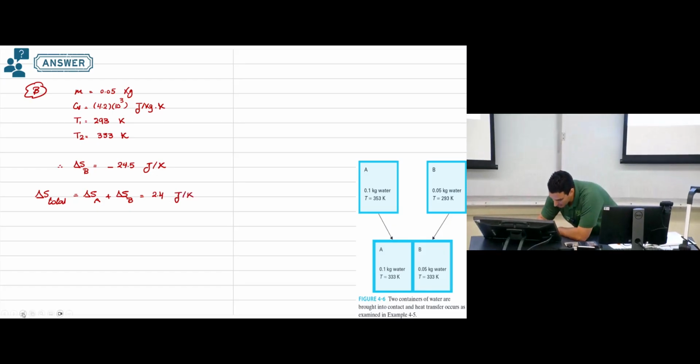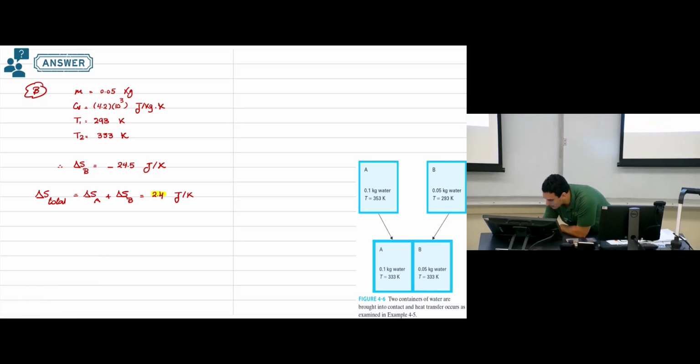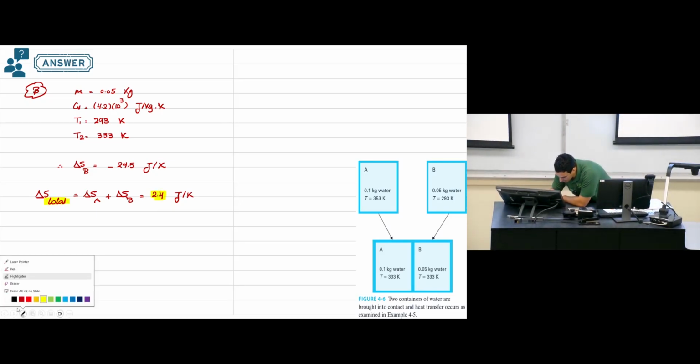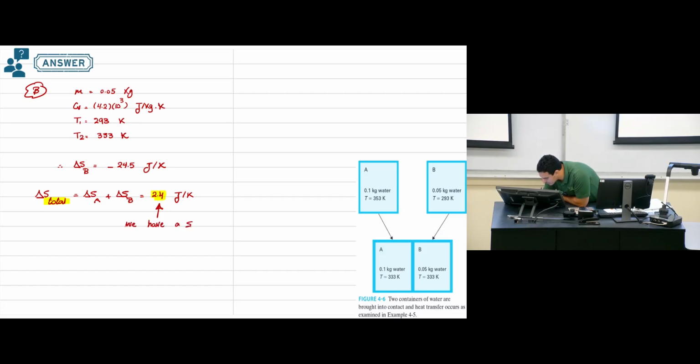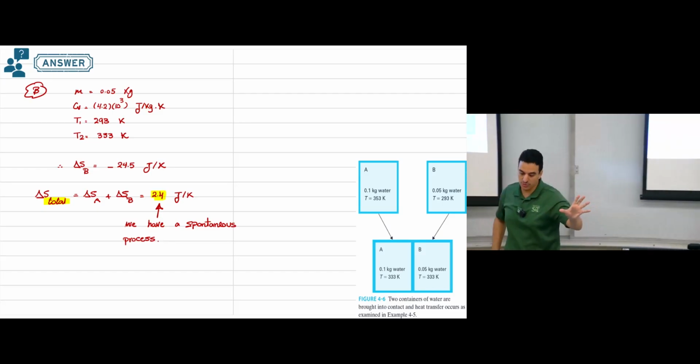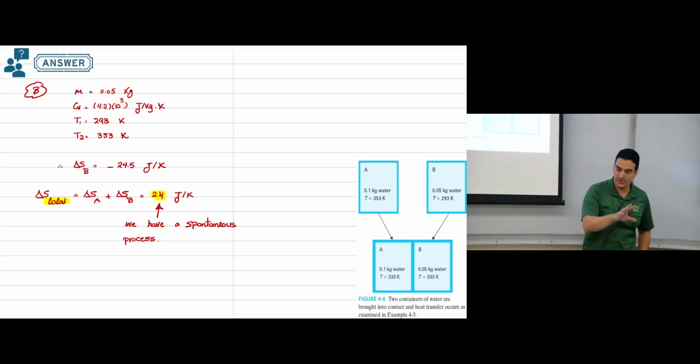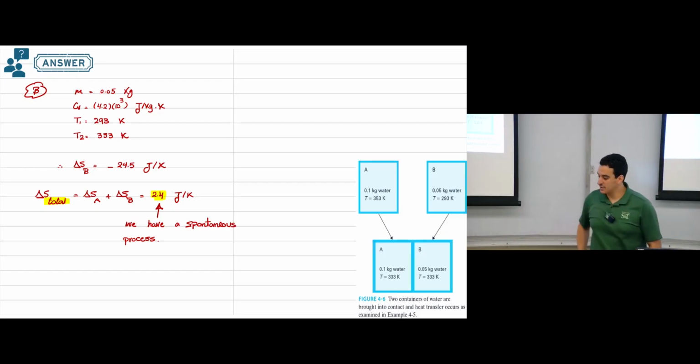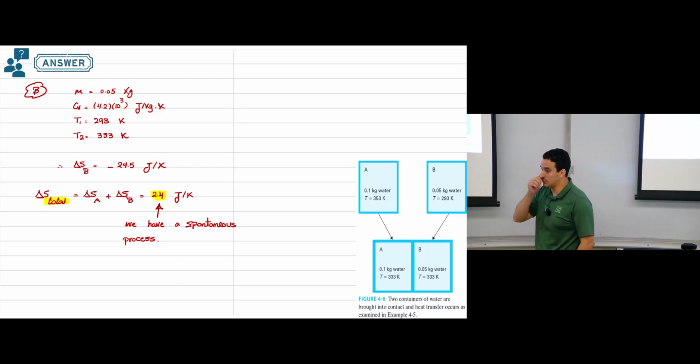So now we have this number for delta S total. Based on this number, we can say we have a spontaneous process. Which means if you have two vessels, the first one contains 0.1 kilogram water at 353 Kelvin, and the second vessel has 0.05 kilogram water at 293 Kelvin.